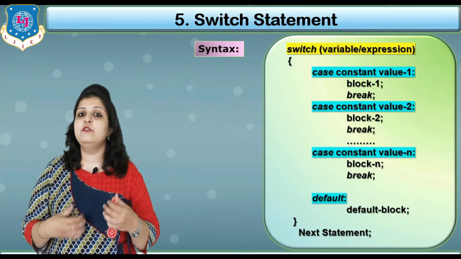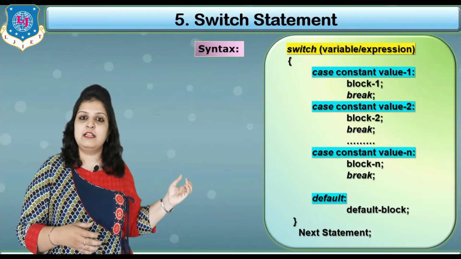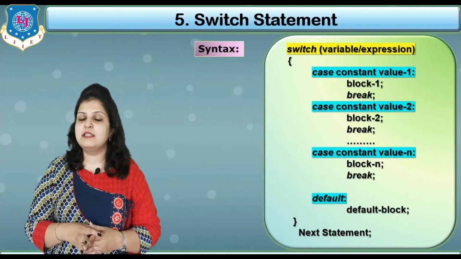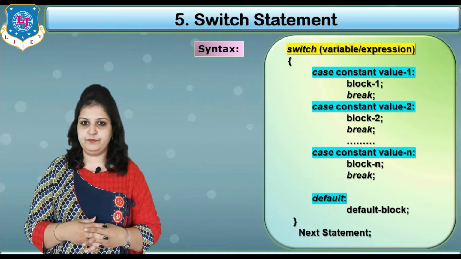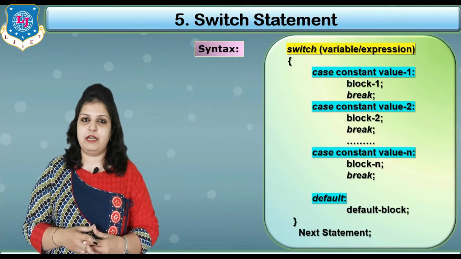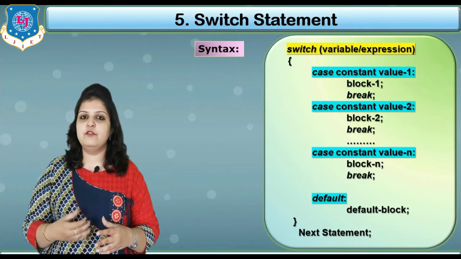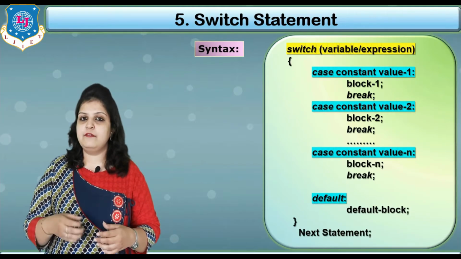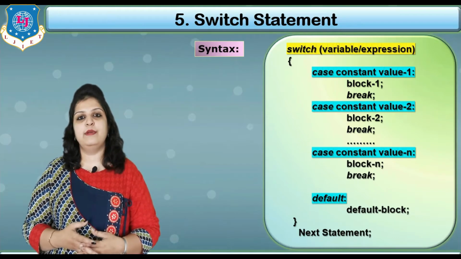But here if we don't write break, then what happens? After that, case 2 will also be executed, then case 3 will also be executed, until a break statement is found. So break is essential in the switch statement. Without break we don't get any error, but for appropriate output, meaning if you want to generate only a particular case, you have to use the break statement.